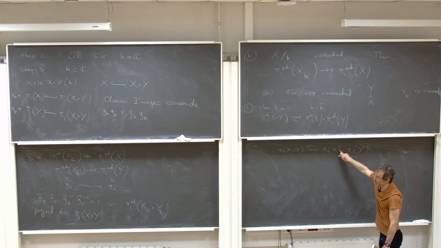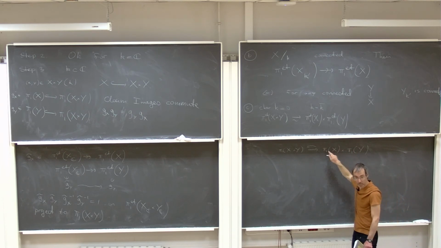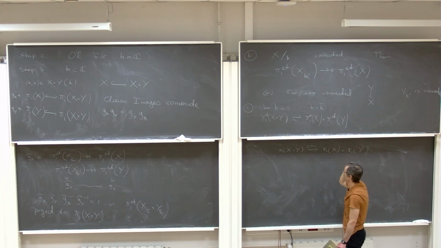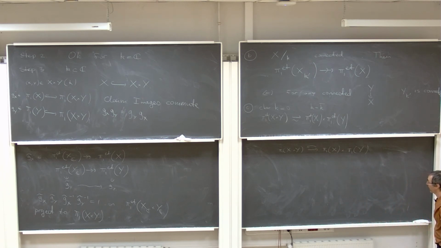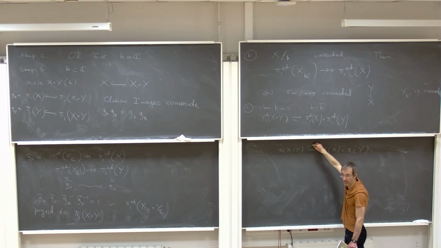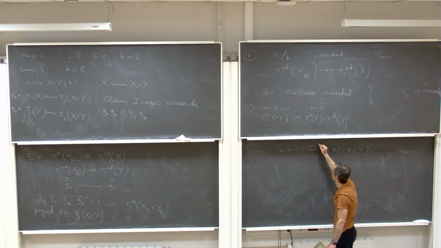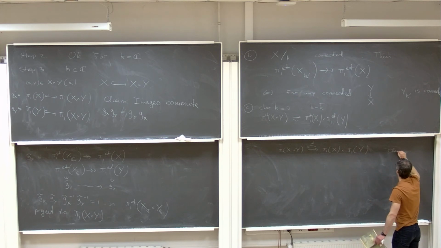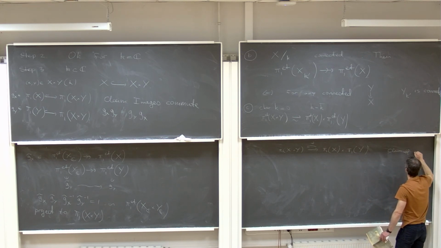Once we know that the groups commute, it gives a map from the direct product given by the inclusion. So the composition in one direction, if I go this way and then back, will be the identity. So it suffices to show that this map is surjective. Let's give a name to this map: the claim is that phi is surjective.